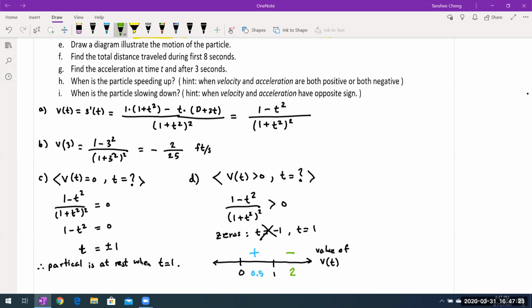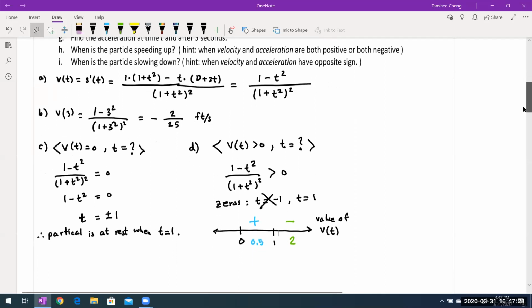In terms of interpretation, that tells me that the particle is moving forward within this time interval. Okay, so to conclude this question, I can say that therefore the particle is moving forward when the time is between 0 and 1.